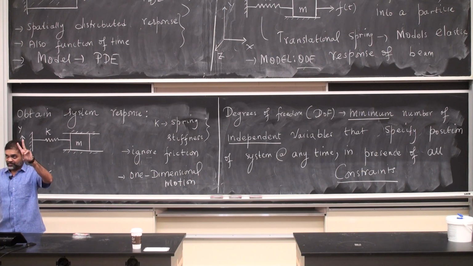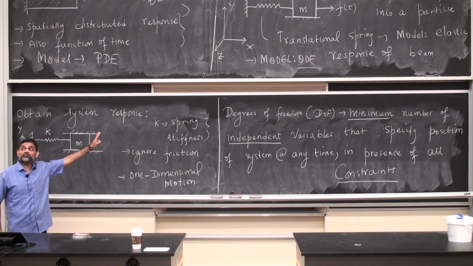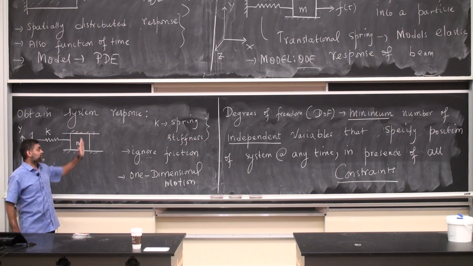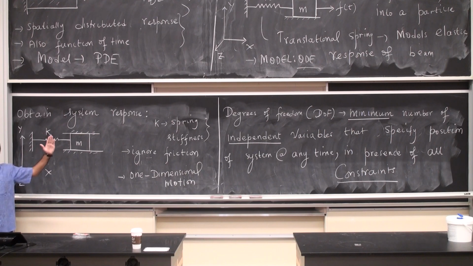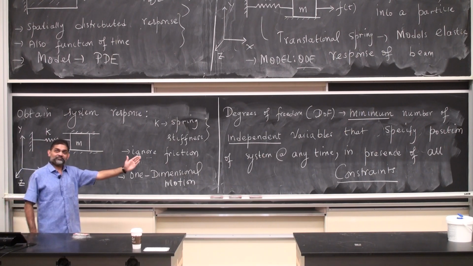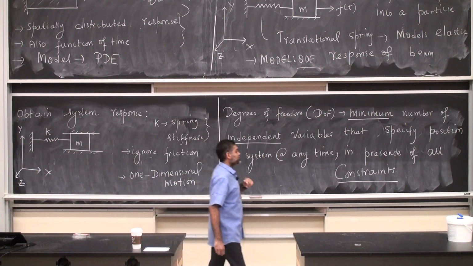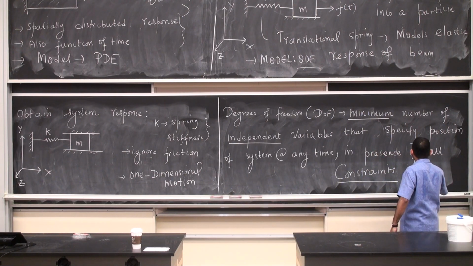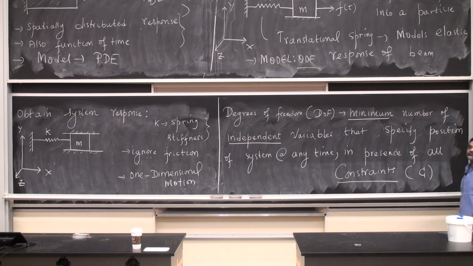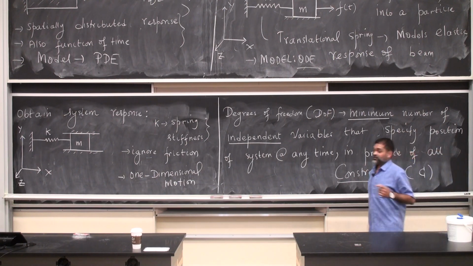It cannot move vertically. It cannot move out of the page. It can move only in one direction. Okay? So typically constraints will be called by the letter C, capital C. When I say C, it implies the number of constraints.